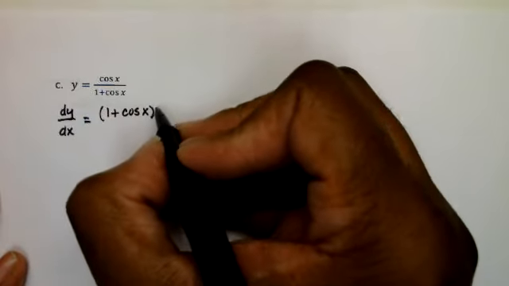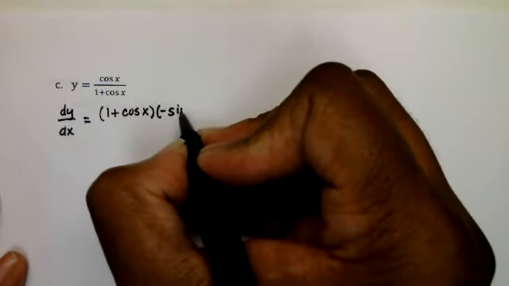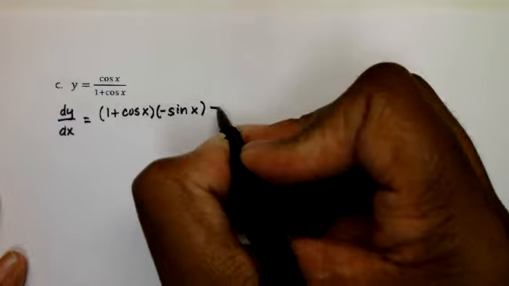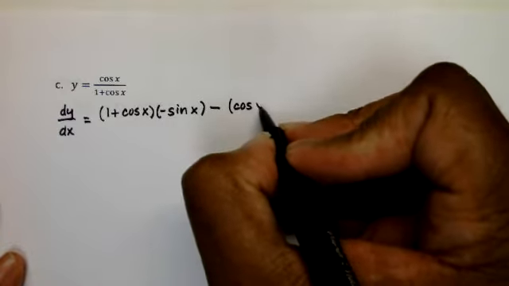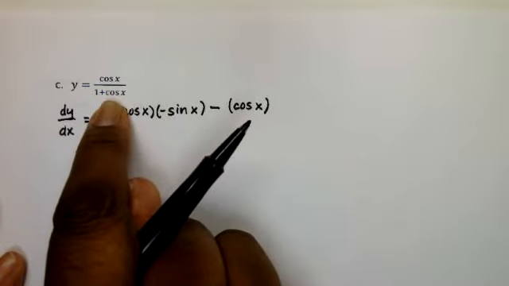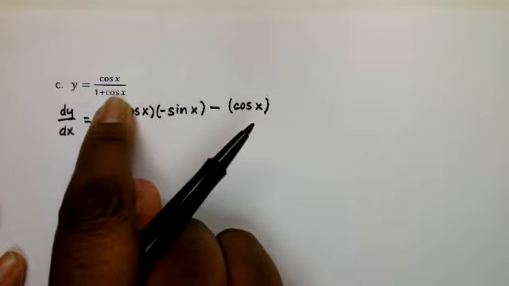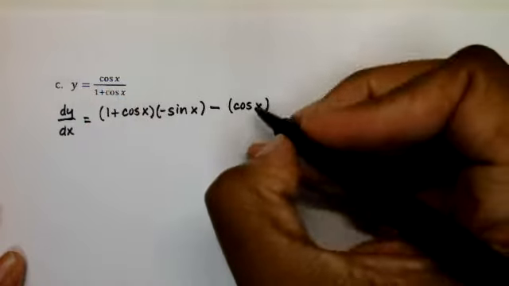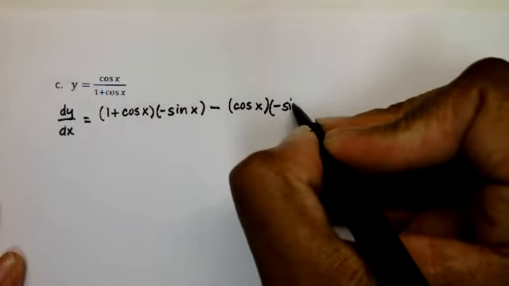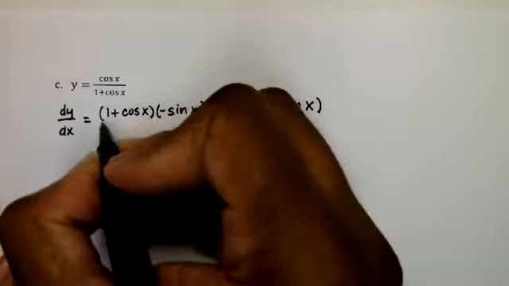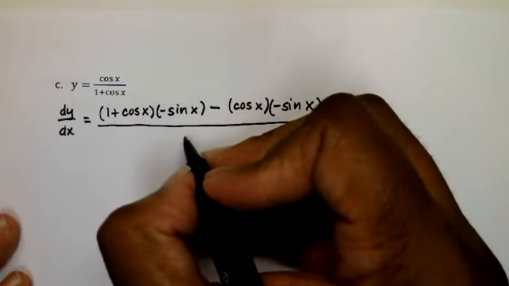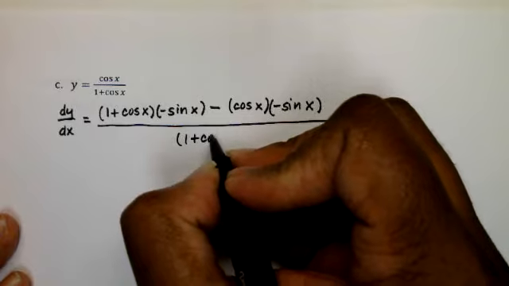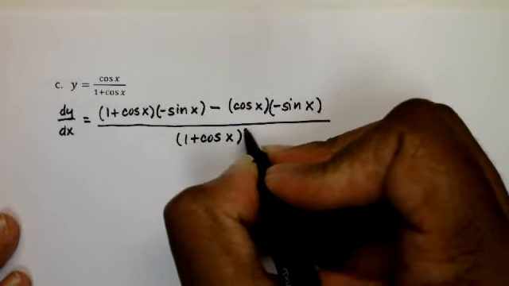The derivative of cosine of x is negative sine x, minus the high, which is cosine of x, times the derivative of the low. The derivative of 1 plus cosine of x: the derivative of 1 is 0, and the derivative of cosine of x is negative sine x, all divided by the square of the low, 1 plus the cosine of x, squared.